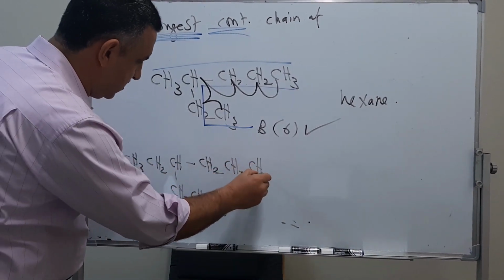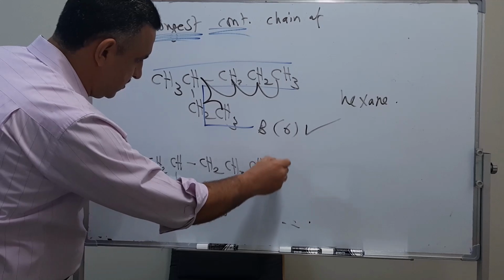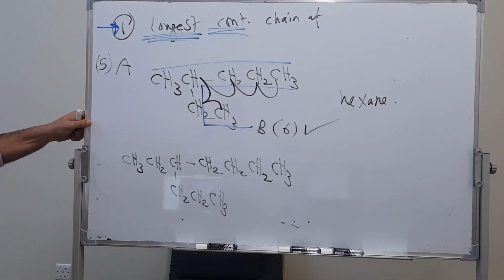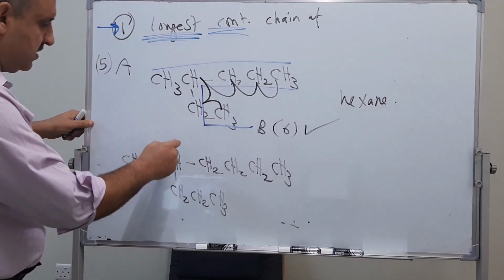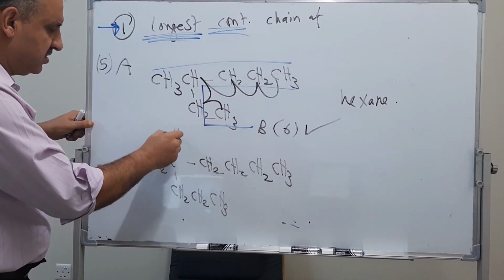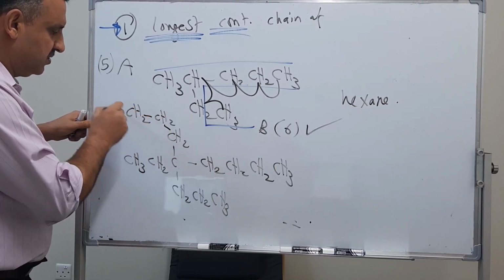CH2, CH2, CH, CH3, then suppose just C, this is not CH, CH2, CH2, CH2, CH3.